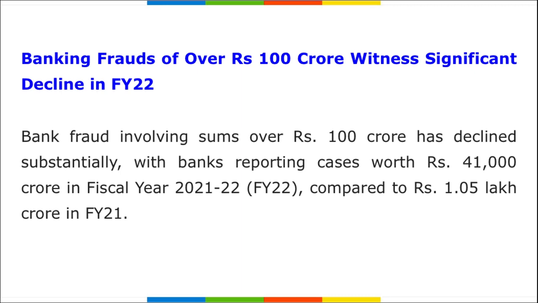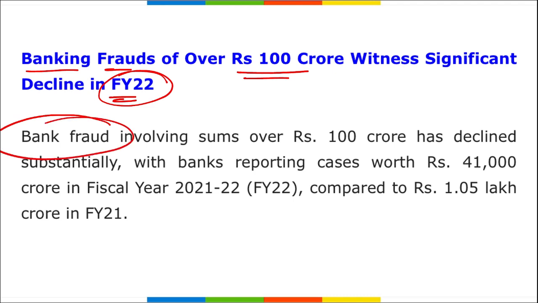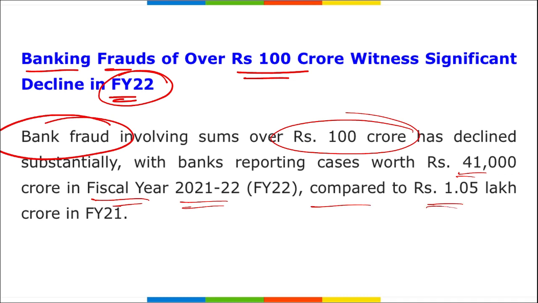Recently, another data came out regarding the banking frauds of over 100 crore rupees that they have significantly declined in the fiscal year 2022. I repeat, bank frauds including the sum of more than 100 crore rupees have declined substantially, with banks reporting cases worth 41,000 crore rupees in fiscal year 21-22 compared to 1.05 lakh crore rupees in fiscal year of 2021.